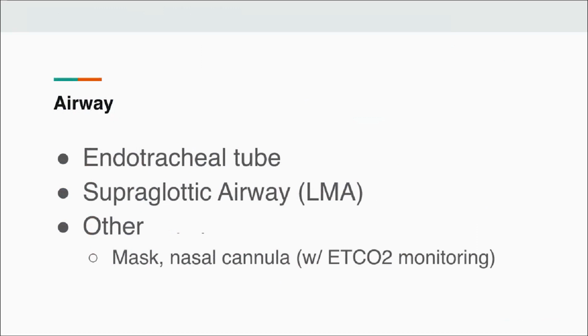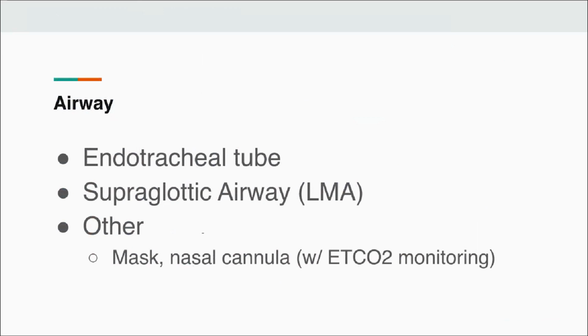Now, with the general anesthetic, there are different types of airways that we do use. And I want to mention that just because a patient doesn't have a breathing tube or a supraglottic airway does not mean that they're not under general anesthetic. If you can remember a few slides back, really the hallmark of general anesthesia is that a patient does not respond at all to a painful stimulus.